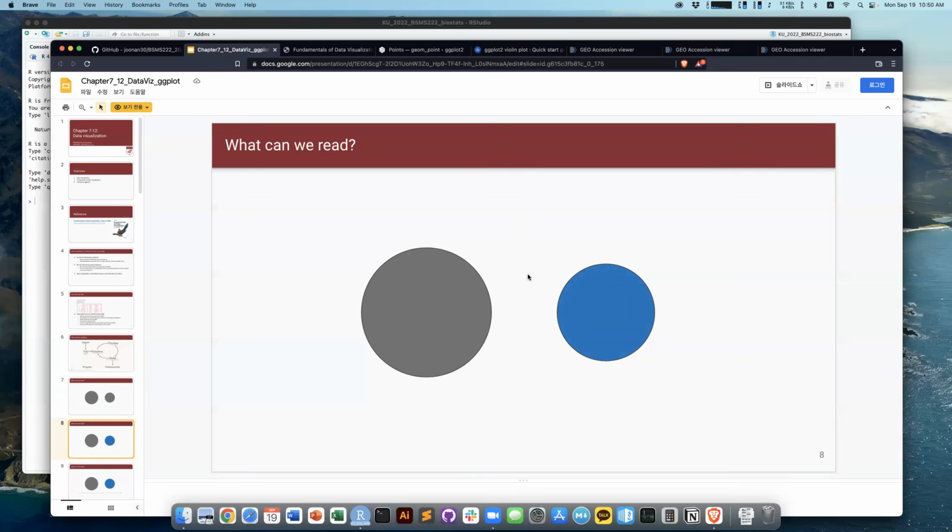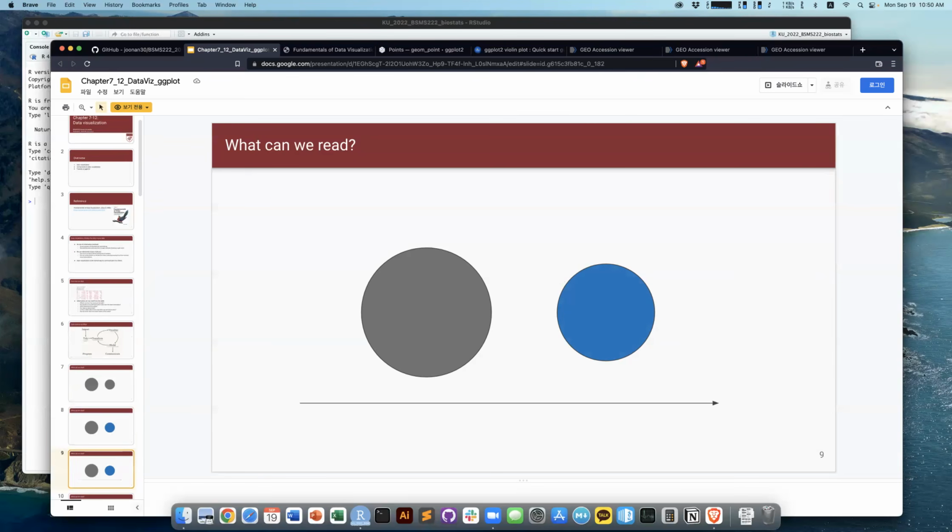Like the year example here. So you add one more layer by color. So colors can be used in this way.